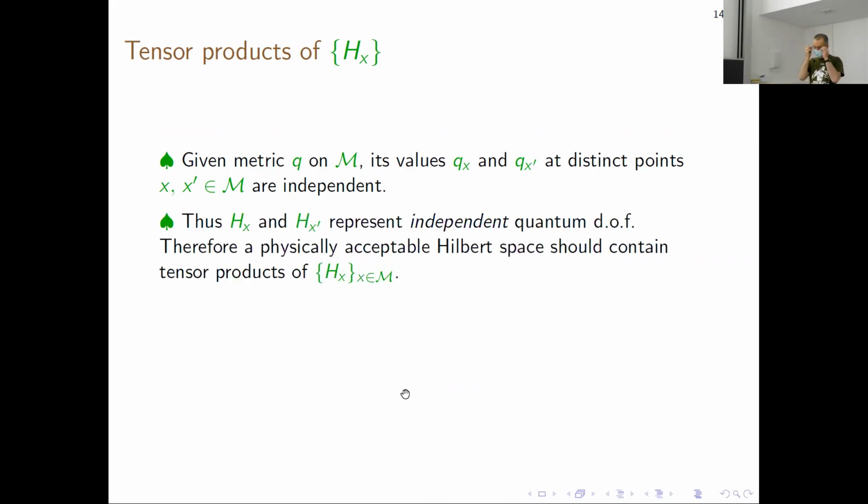So we have to treat those Hilbert spaces as a representation of independent quantum degrees of freedom, and therefore it is reasonable to require that a physically acceptable Hilbert space contains tensor products of these functions.